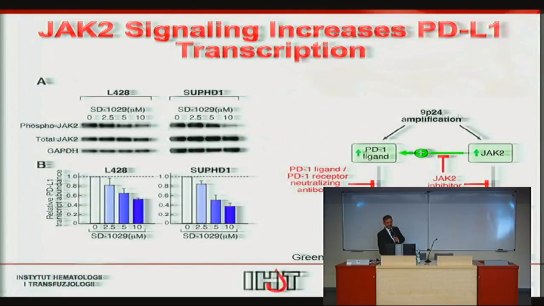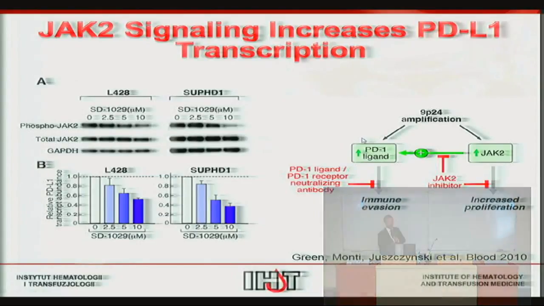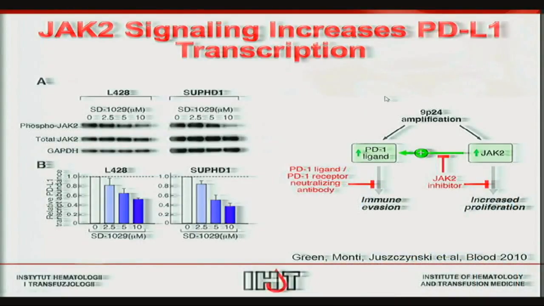So the single amplification that we identified in Hodgkin lymphoma provides basically two disease-specific mechanisms that work in cooperation to facilitate immune escape of the tumor. The first lesion is amplification of PDL1, which is directly responsible for immune escape, and this is a targetable lesion with antibodies, as we know now.